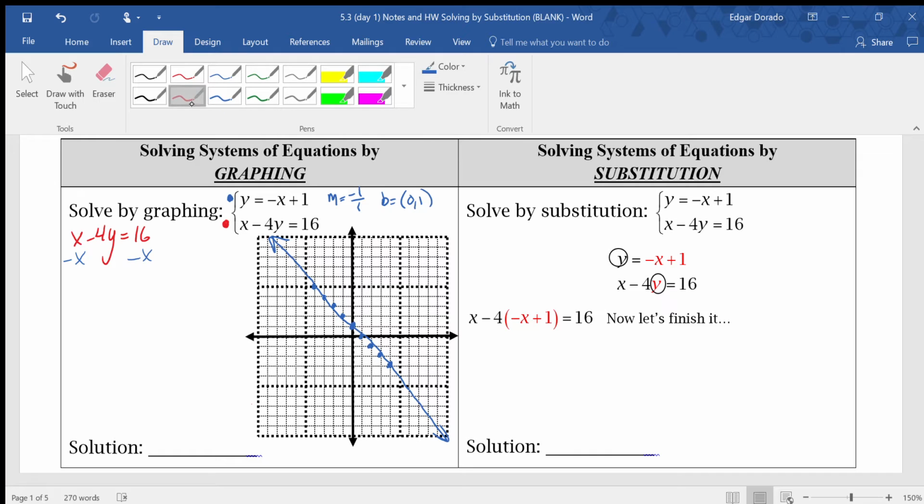So I get negative 4y equals negative x plus 16. Finally, get rid of that negative 4 by dividing by negative 4, and we get y equals 1/4 x minus 4. Hopefully you guys got something similar.